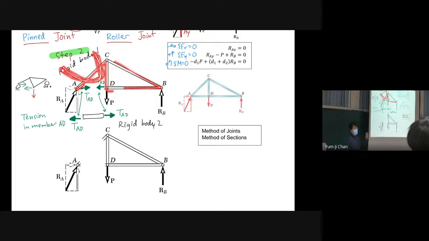So you can repeat the whole thing. What do we have now? Originally, we have TAD here, right?